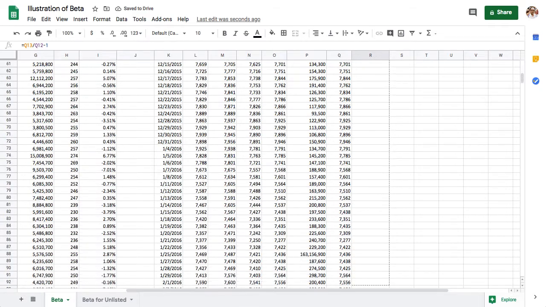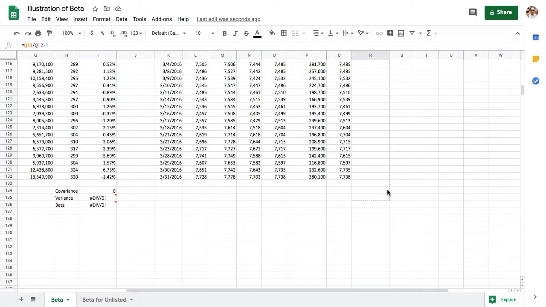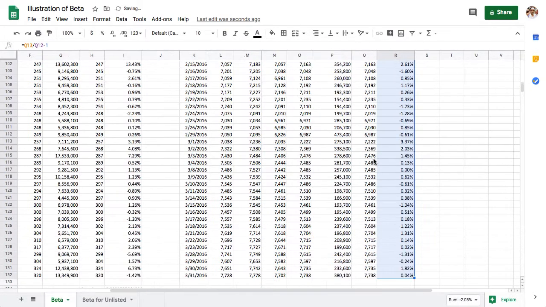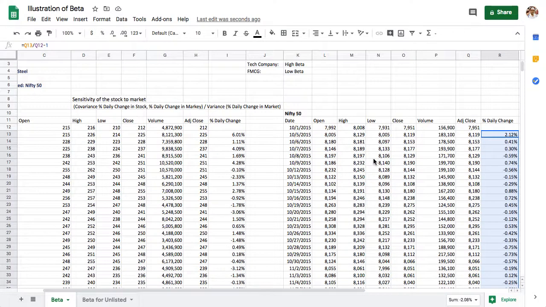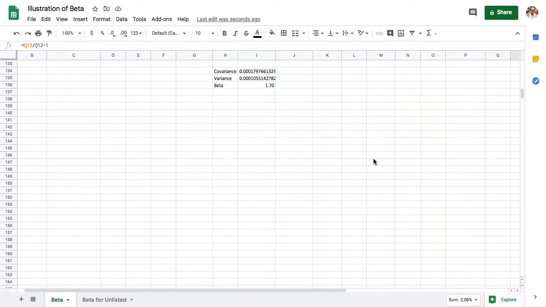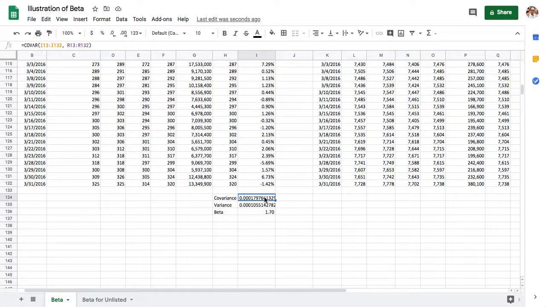And so now what we have is the daily percentage change in stock as well as the daily percentage change in market.